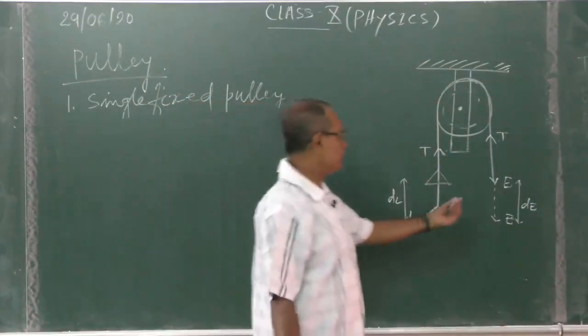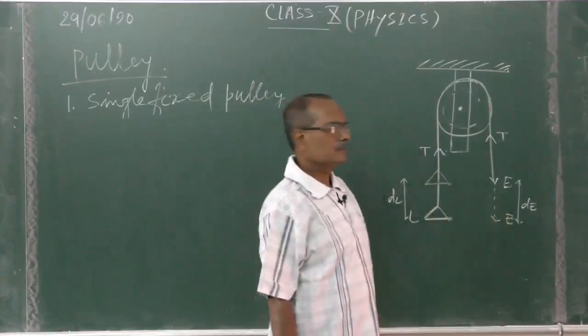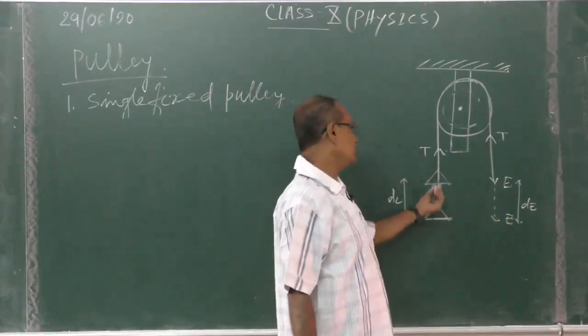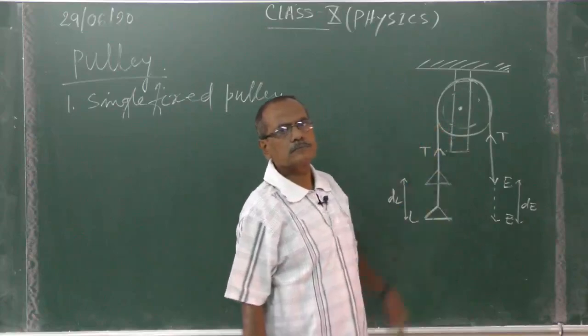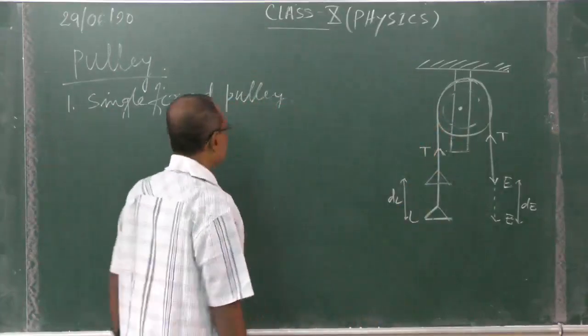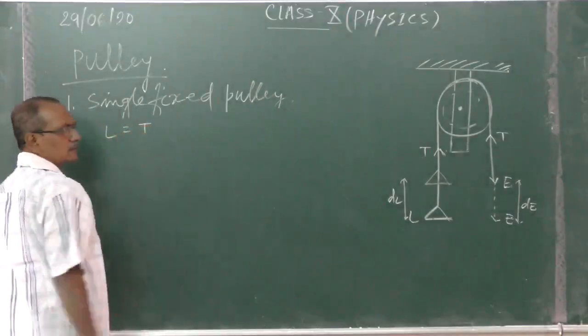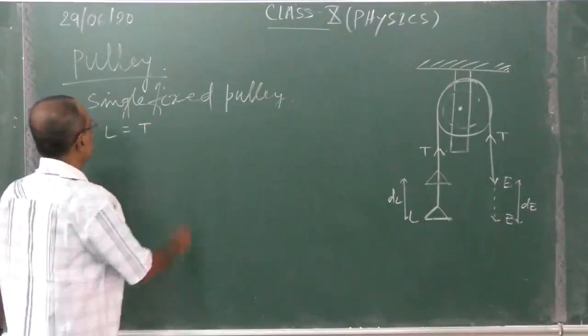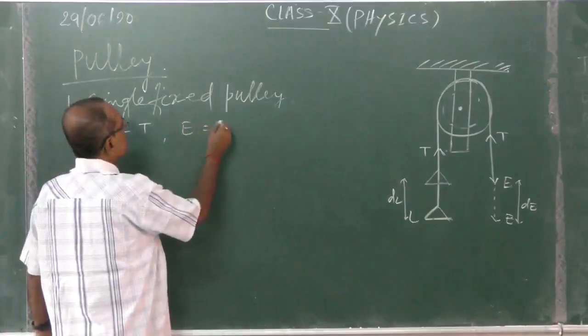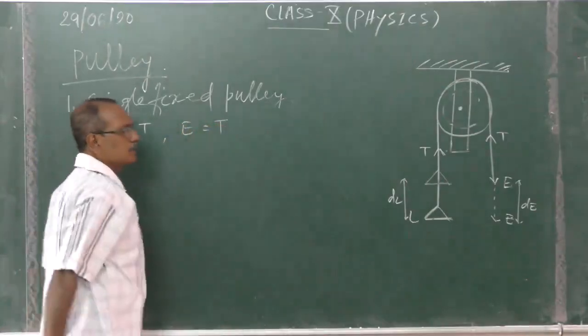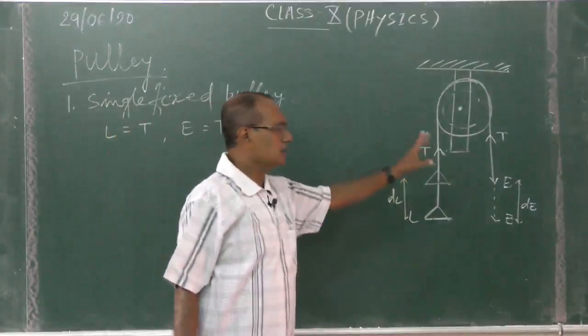So how much you will pull? By applying effort, load will be lifted up the same distance. Now, load is balanced by tension T. Effort is balanced by tension T.